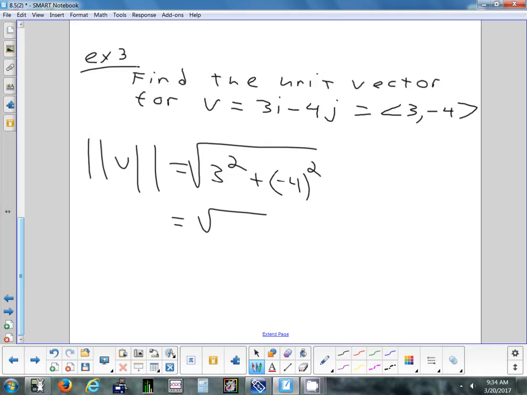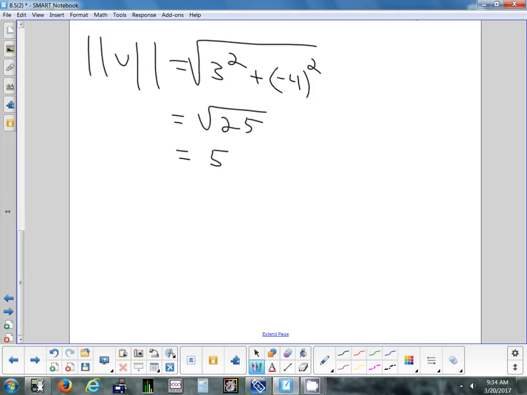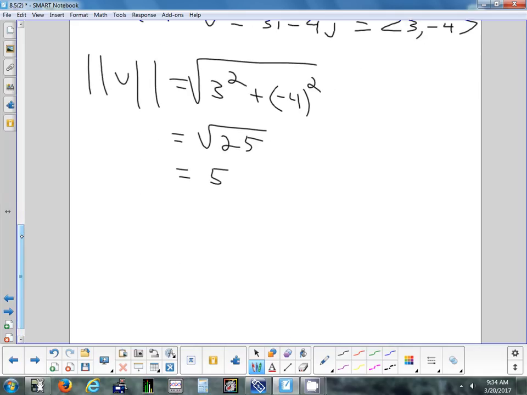And if I add 3 squared and negative 4 squared, what's that going to give me? 25. So that means the length of this vector is 5. Is it a unit vector? No, it's too big. So what am I going to scale the vector by? I'm going to scale it by 1/5, which basically means you're going to divide each component by 5.